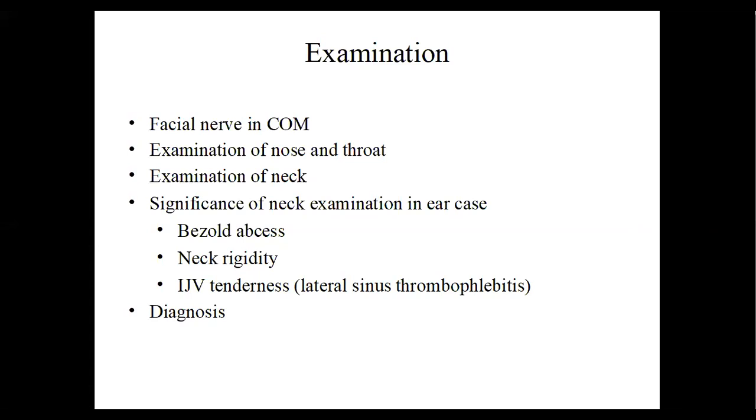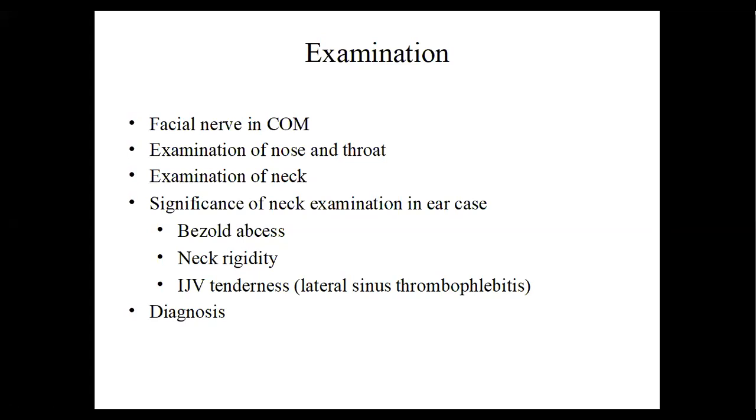And comes the examination of the neck. What is the importance of examination of the neck in relation to the ear? Okay, so first thing is, whenever you have a patient of chronic otitis media and you are suspecting any impending complication like a neck abscess. So Bezold abscess is one of the complications of acute otitis media. So examination of the neck has a role.